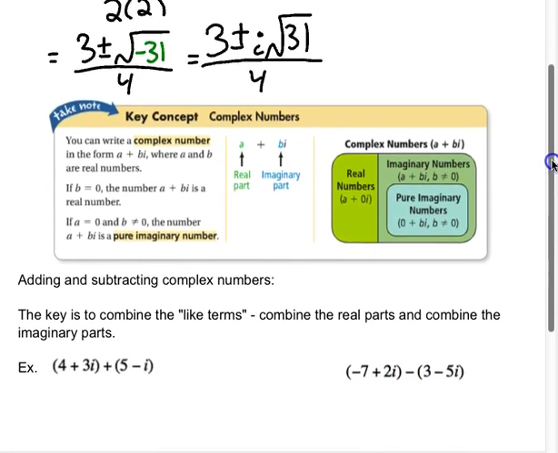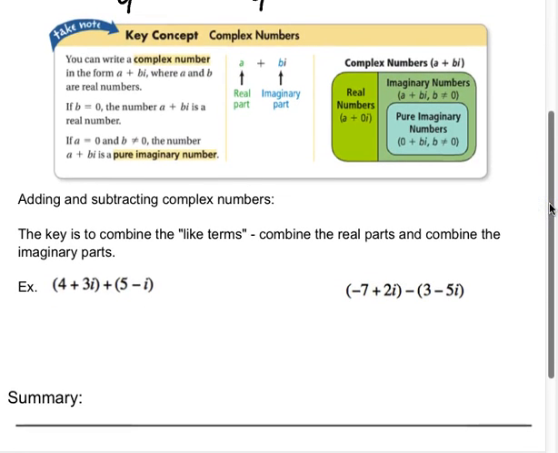So now let's talk about complex numbers in general. Today we've been focusing mainly on the imaginary part, but a complex number in general is this whole thing: a plus bi, the real part plus the imaginary part, because some numbers have both pieces, a real and an imaginary piece.